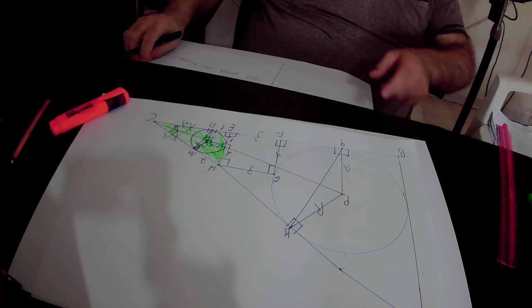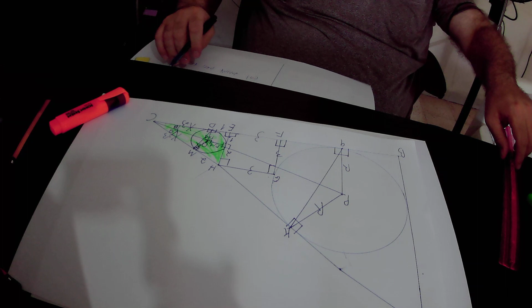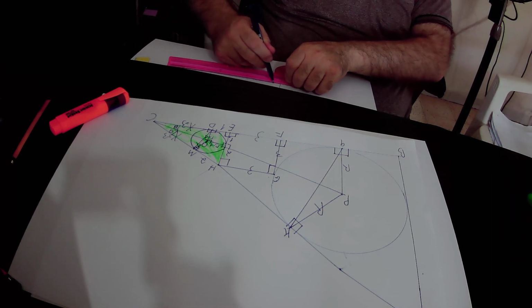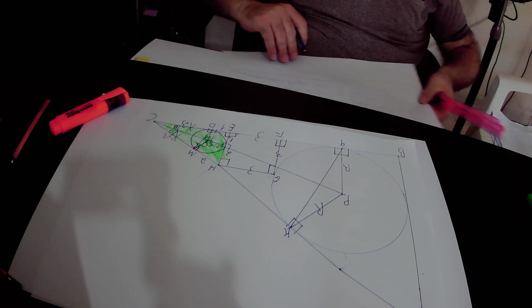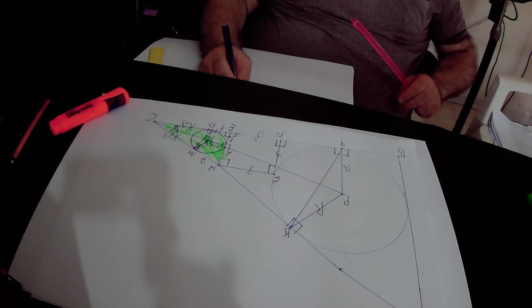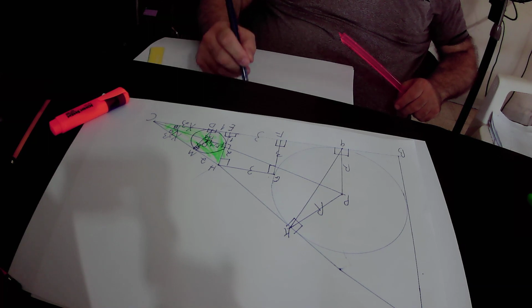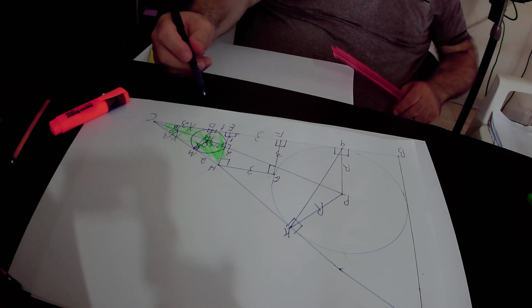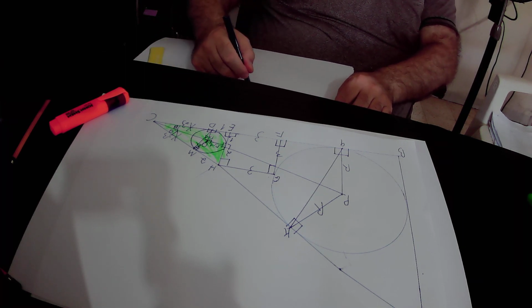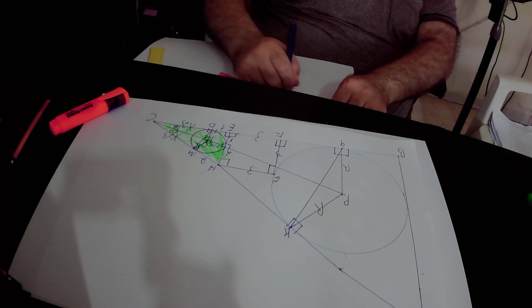And so if CO doesn't pass through point P, then we'll have two angles. Here we have angle DCO, that is equal to theta.